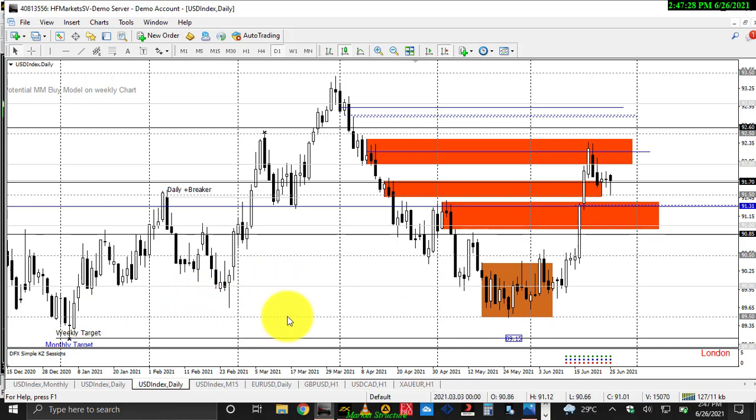over here. Then price consolidated a little bit, then we had a break in market structure, then a pullback, and then finally we've had this price swing over here. I wasn't actually expecting price to move in that fashion, even though I was expecting a long-term buy on the dollar index.